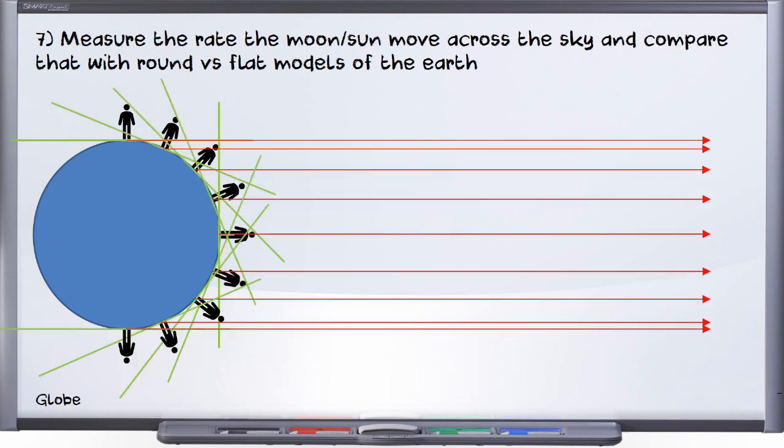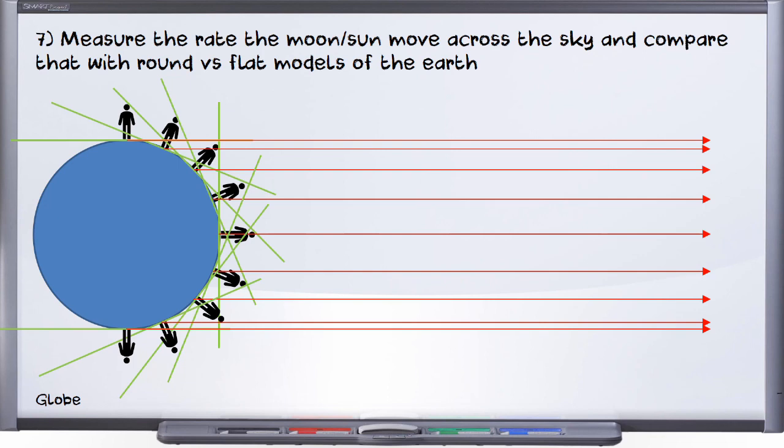And then throughout the day, at even intervals, we take measurements of the angle between our local horizon and the angle of the sun. And we do that at different times of the day. And here we are at noon, here's the local horizon, and the sun should be straight up at that time. And then at sunset, the local horizon and the sun are parallel.